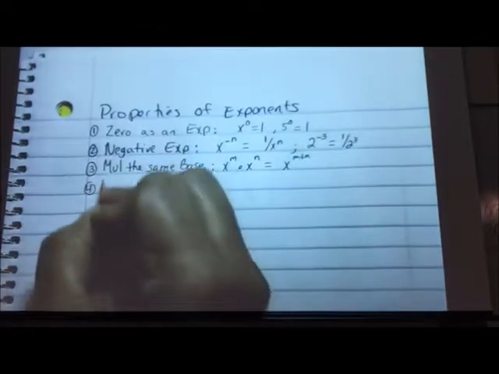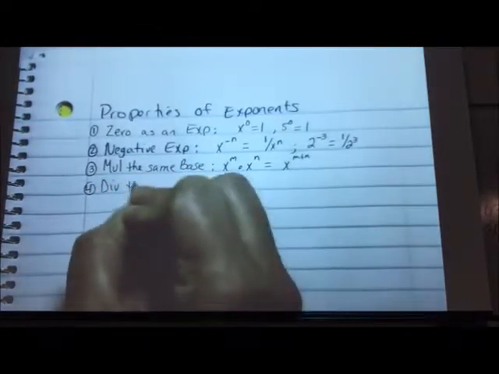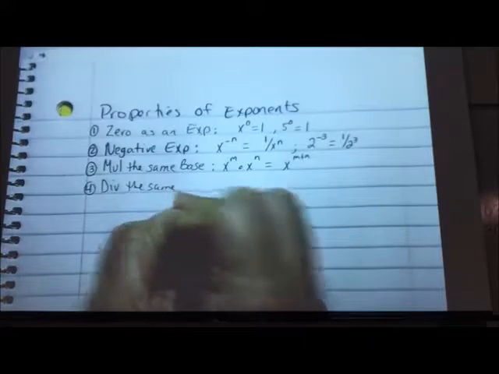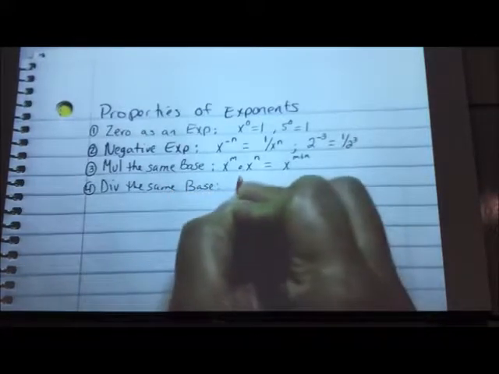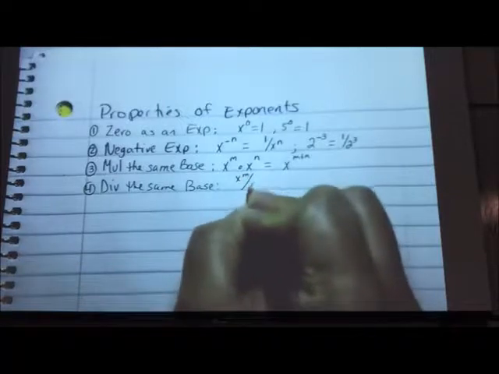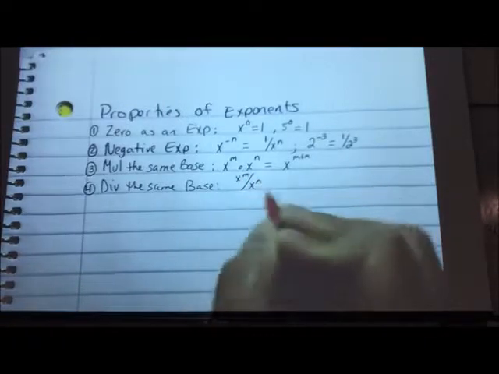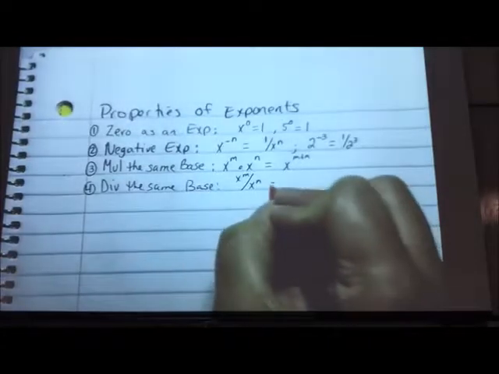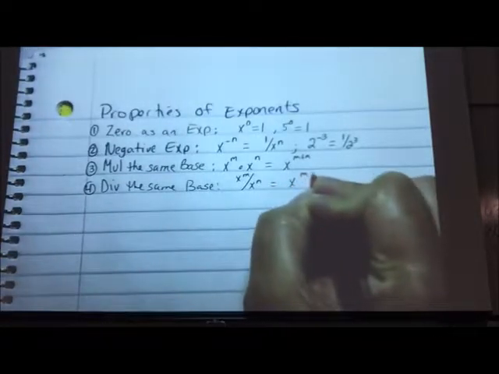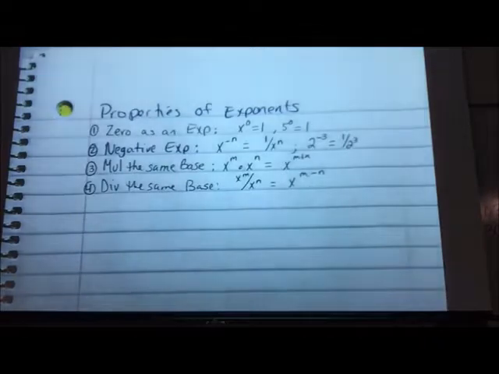Next rule, when we divide the same base, we end up with subtraction. So let's say we had x to the power of m divided by x to the power of n. You actually have to subtract the exponents. In a little bit, once again, we're going to see those with numbers.